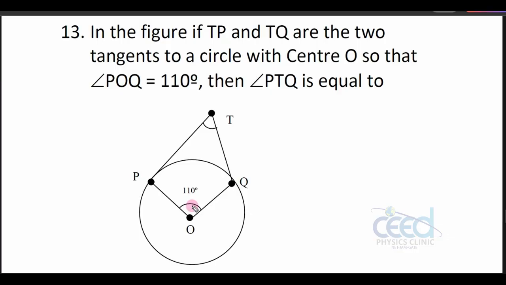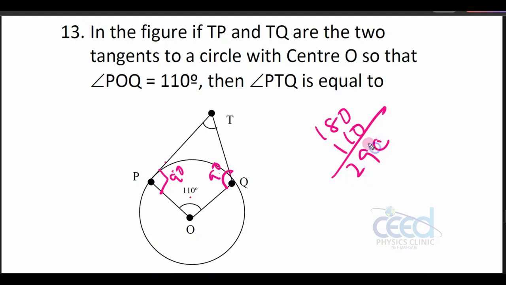To find PTQ, we can simply say this is 90, this is 90, because tangent and radius make angle 90. Now 90 plus 90, 180, and here 110, what is the total? 290, right.